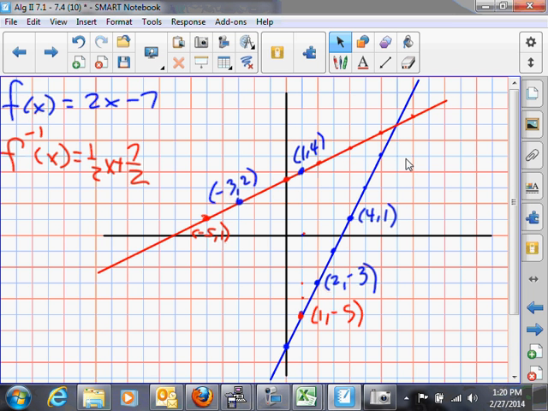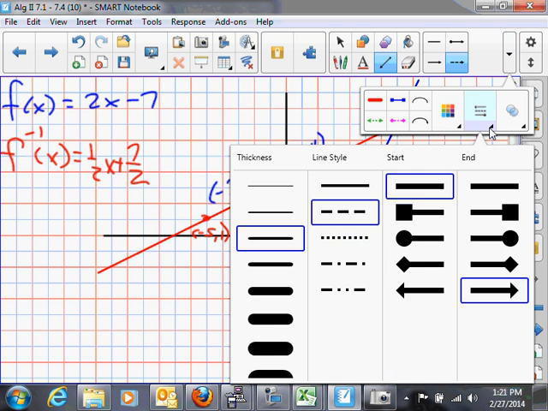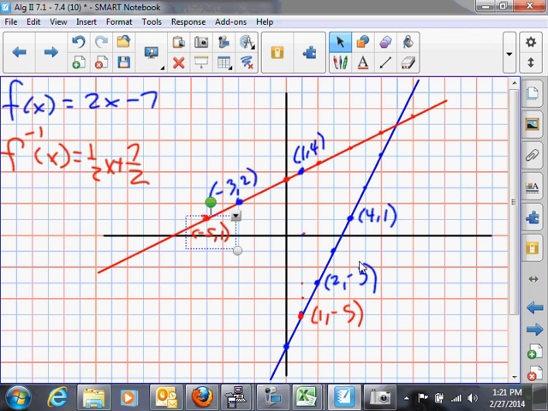Now, let's take a look at these points that are alike. (-1, 5) and (5, -1), (-5, 1) and (1, -5), (-3, 2) and (2, -3), (1, 4) and (4, 1).